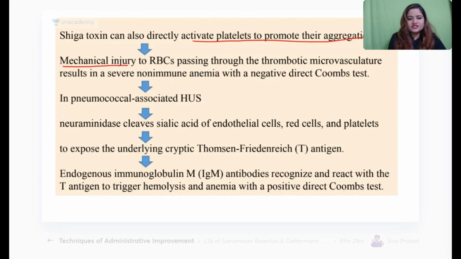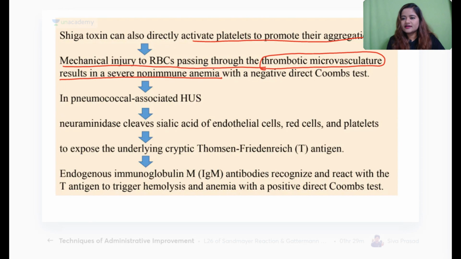So this mechanical injury to RBCs occurs when, अब जब हमारे रीनल सिस्टम से ब्लड फ्लो कर रहा होता है, जितनी भी थ्रोम्बोसिस हो रखी है, जो माइक्रोवास्कुलेचर में थ्रोम्बोसिस हो रखी है, उसके ऊपर से जब आरबीसीज क्रॉस करता है, it produces mechanical damage to the shape of the RBC. So अगर ये डैमेज आरबीसी हमारे स्प्लीन में जाएगा, so it will get retracted inside the spleen and this results in severe non-immune forms of anemia. So mechanical damage या आरबीसी खराब होने की वजह से we get anemia.